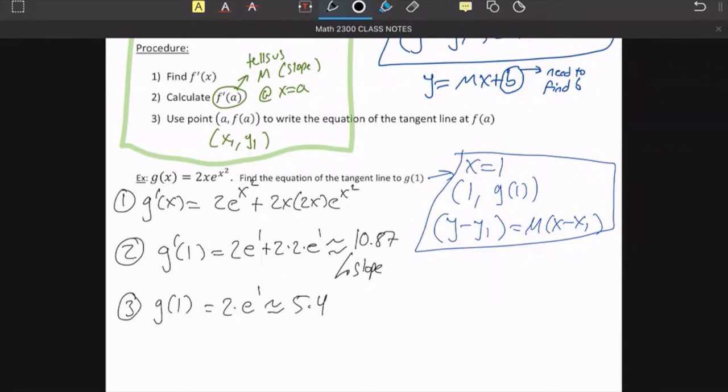And so that's your y value. So the point you're going to use is the x value we're given, and then that corresponding y value. We've got the slope, the x and the y, we just plug it into that function, and that's the end of it.